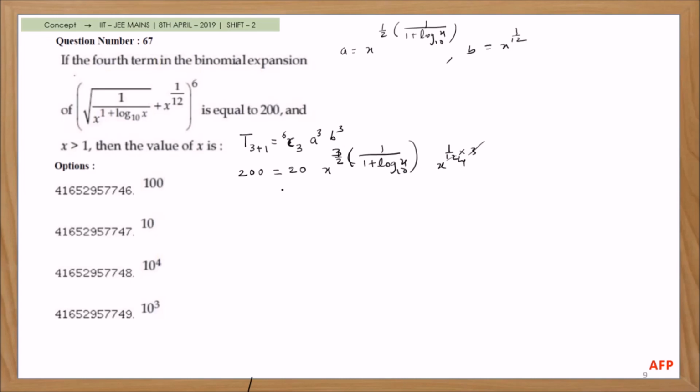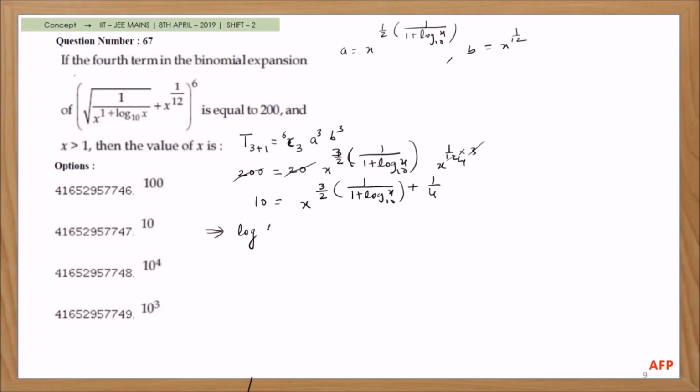Okay, so now you can go for cancellation. So 10 is equal to x raised to 3 by 2, 1 divided by 1 plus log x to the base 10 plus, so bases are same, powers to be added.